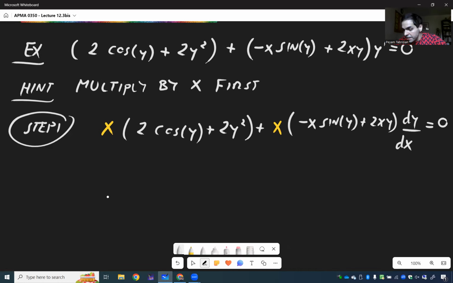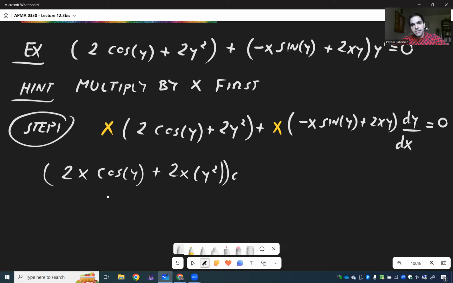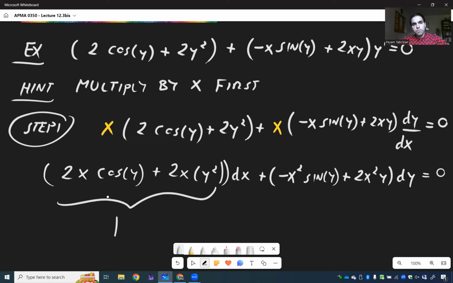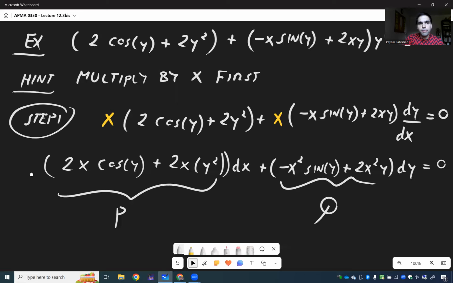So let's multiply this by dx, and we end up getting (2x cos y + 2xy²) dx plus (minus x² sin y plus 2x² y) dy equals 0. So this is our p, and this is our q. Again, always p dx plus q dy equals 0.